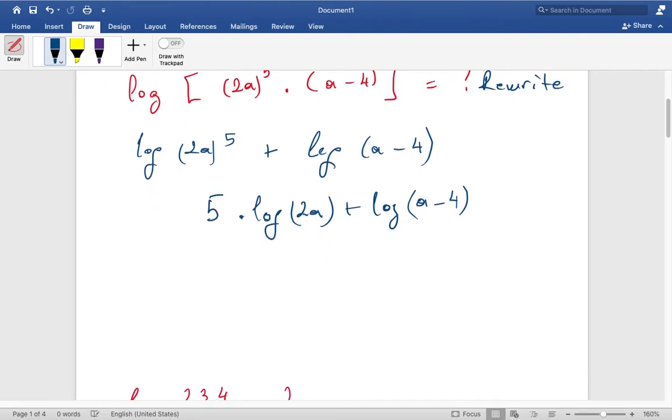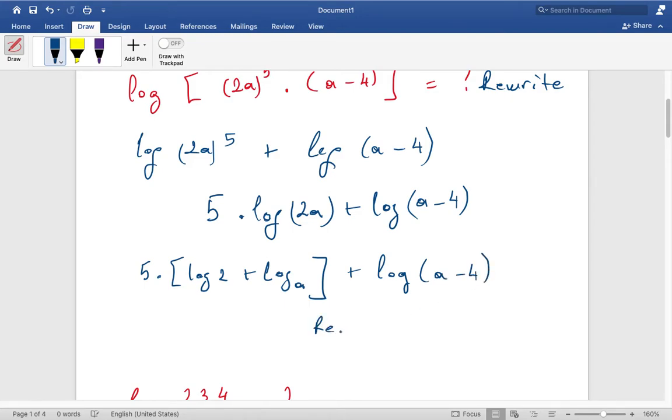This is like x times y, so 5 times log 2 plus log a, and then plus, since there is a minus here like log, I can't do anything. This is not log x over y, so I have to leave this log of a minus 4.